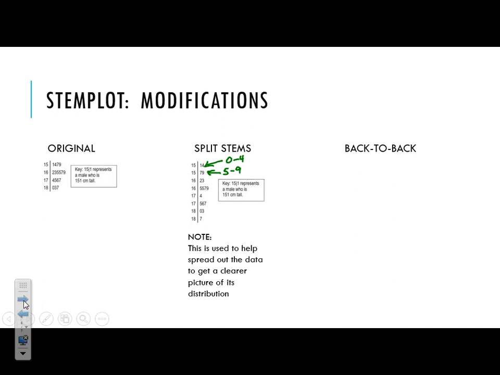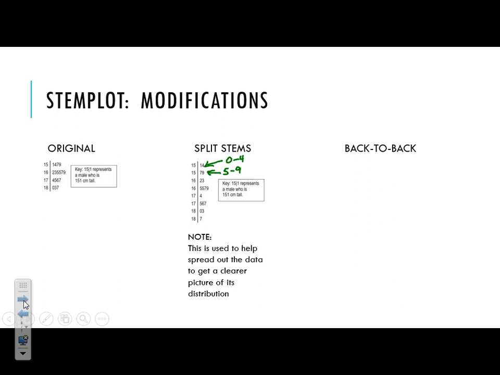In a single stem, each stem could represent a range of 10 values. In a split stem, if we split it twice, we would represent ranges of 5. And that pattern holds true with the 16s, the 17s, and the 18s. And if we look within those splits, you can see those leaves in the appropriate stem.